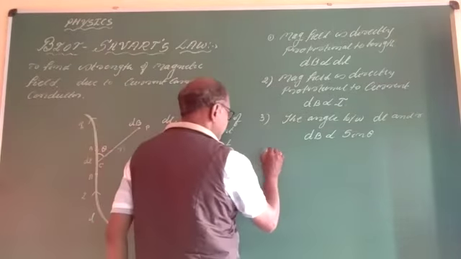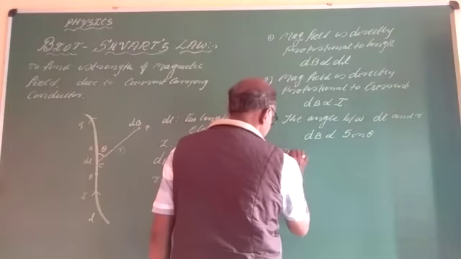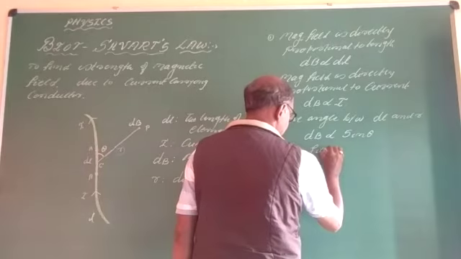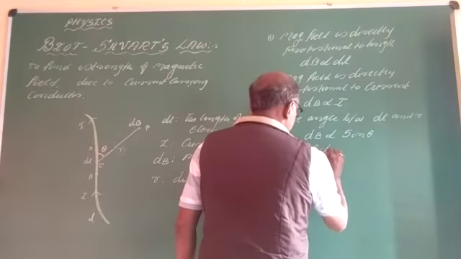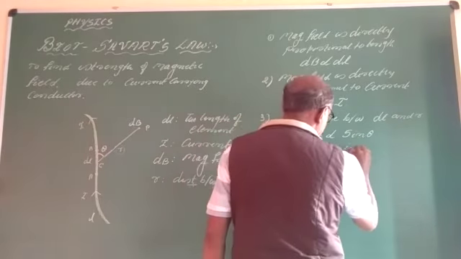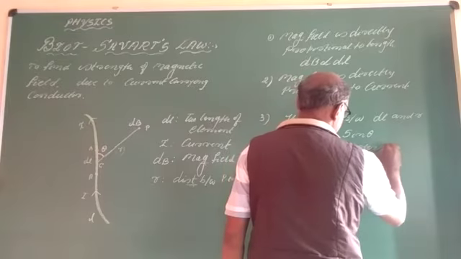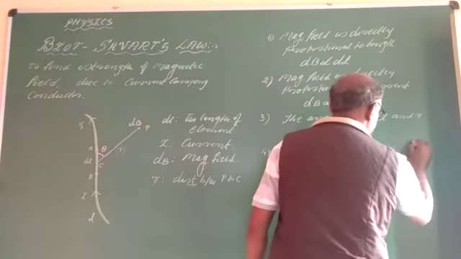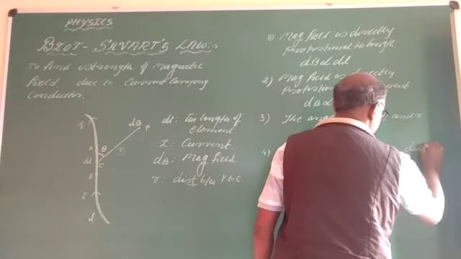So the fourth thing, the magnetic field is inversely proportional to distance.